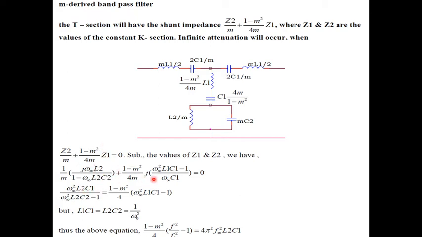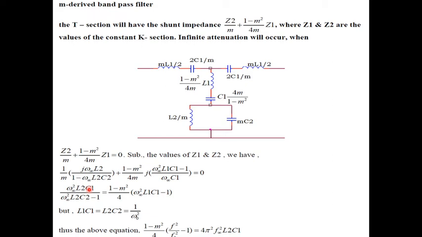From these expressions we simplify, making the cross multiplication and eliminating some constants. Then finally we obtain omega square infinite L2 C1 into (omega square infinite L2 C2 minus 1) should be equal to (1 minus m square) by 4 in the bracket (omega square infinite L1 C1 minus 1).